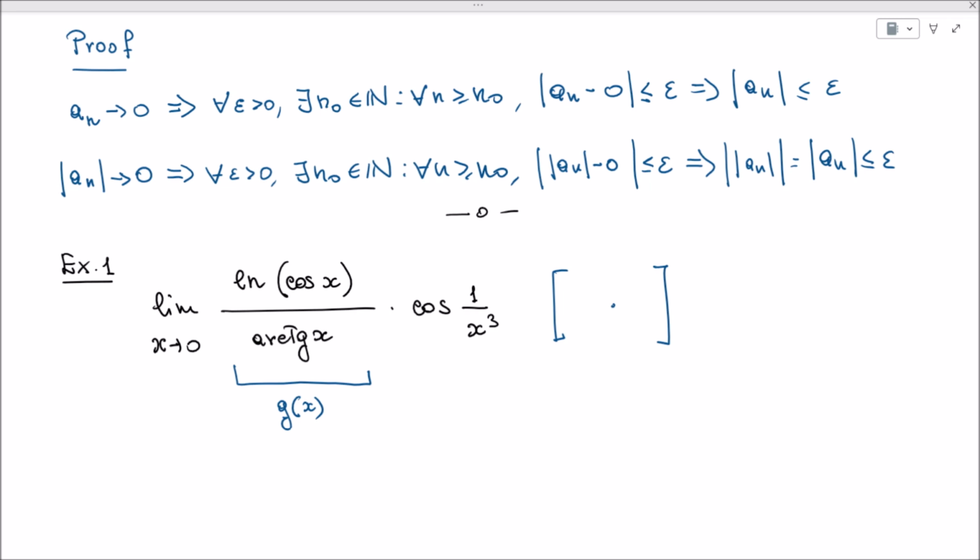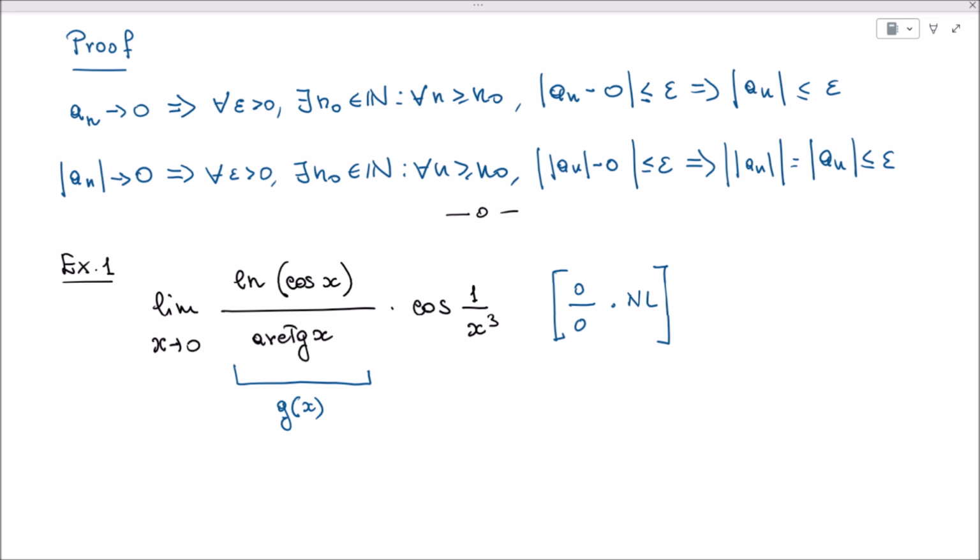G of x has the logarithm of cosine of x. When x goes to 0, cosine tends to 1, so we have 0 on top, and of course we have 0 below. So we have 0 over 0, which is an indeterminate form. At the same time, cosine of 1 over x to the cube, we just proved that has no limit.